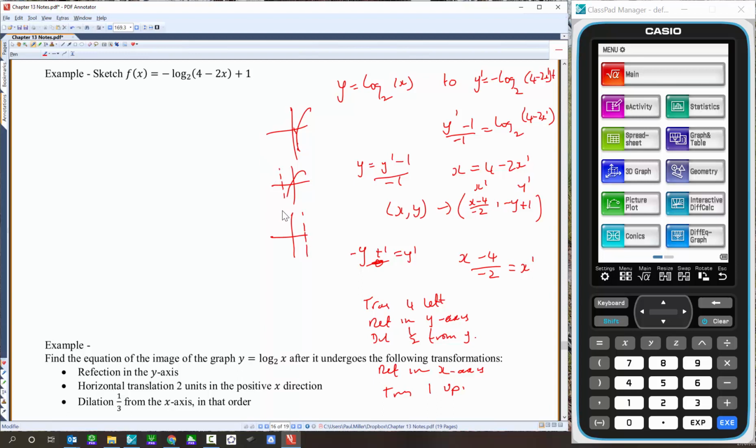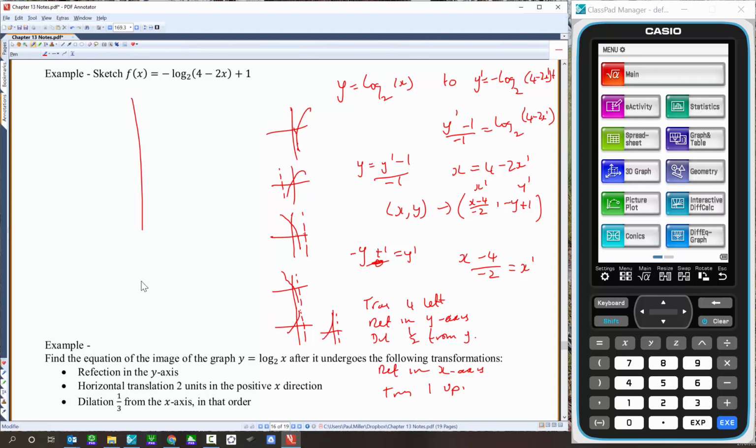Dilation 1/2 from the y-axis: that value there will halve, and so will the asymptote, so the asymptote is going to be at x equals 2, and we get our function that looks like that. Then finally, reflected in the x-axis means that it will flip, with the asymptote in the same spot, and then up 1, so it's going to come up 1 higher than that.